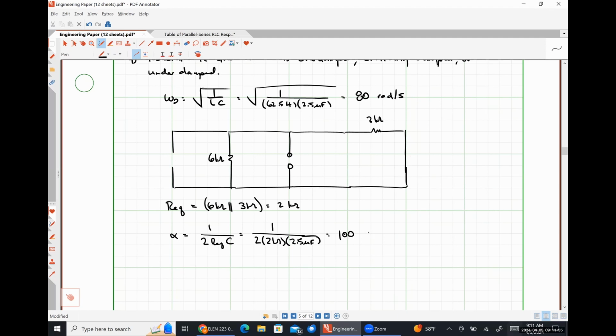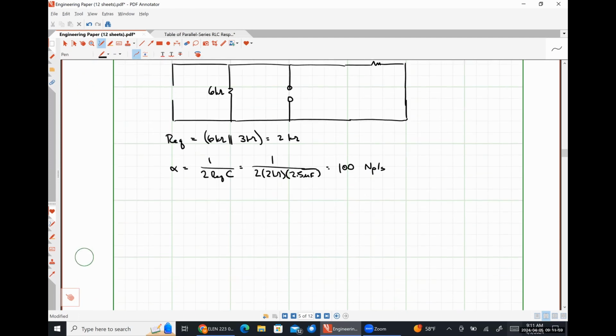Comes out to be 100 nepers per second. So since alpha is greater than omega naught, we know that this circuit is overdamped. All right, I'm going to save these notes and we're going to finish this problem up at the beginning of class on Monday because I ran out of time.